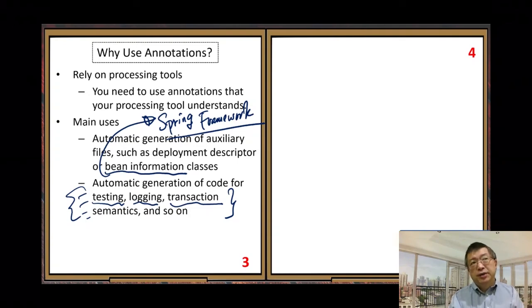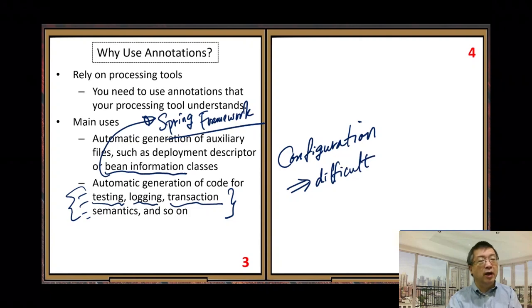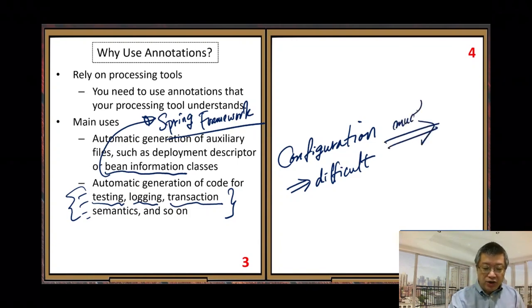At that time, configuration was a big thing. When you develop Java web applications, the most difficult part was the configuration part. In the old days, configuration was very difficult. With the annotation technology, it becomes much easier.